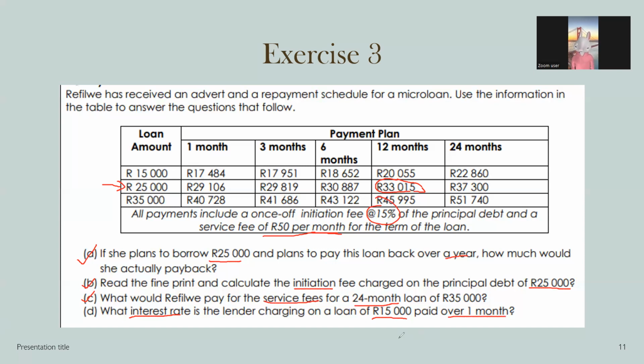So I got 2,484. How do you calculate that? The amount after 1 month minus the 15,000. Perfect. So what you did, you said 17,484 minus 15,000, which gave you 2,484, right?